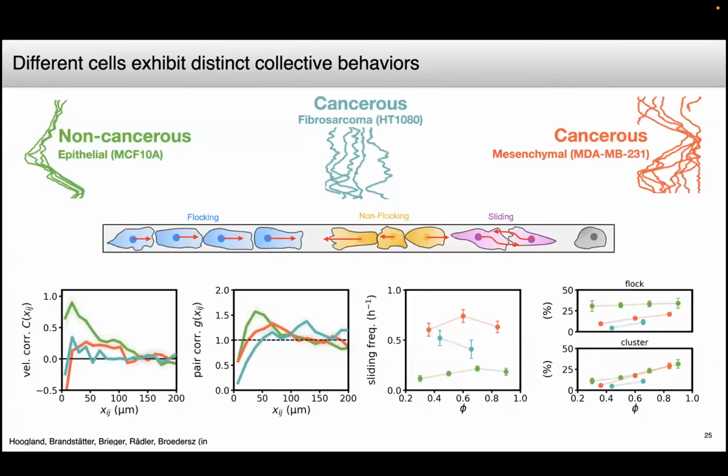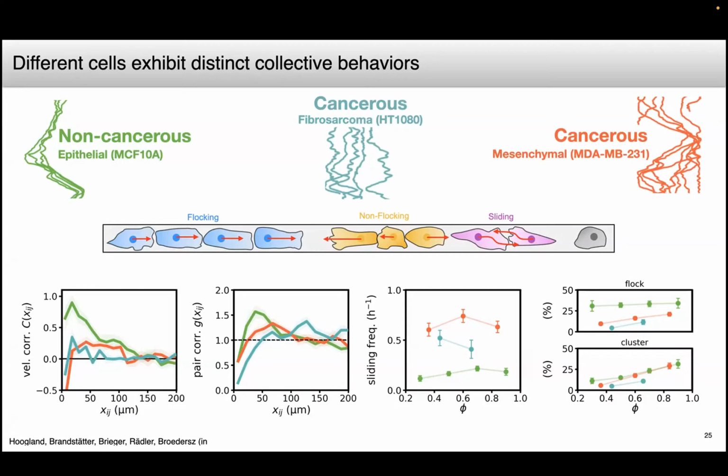And again, we wanted to figure out what this means. So one of the things we first looked at is general statistics to characterize their collective behavior. Think about velocity correlation functions, and you see big qualitative differences. So the epithelial cells have mostly positive correlations.